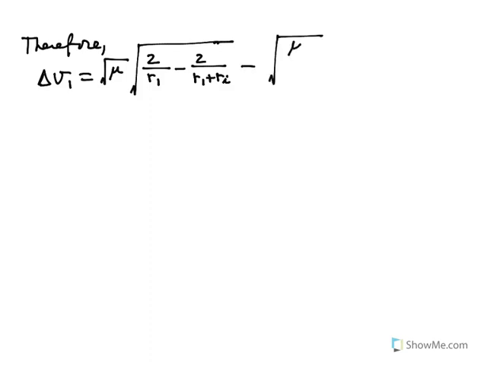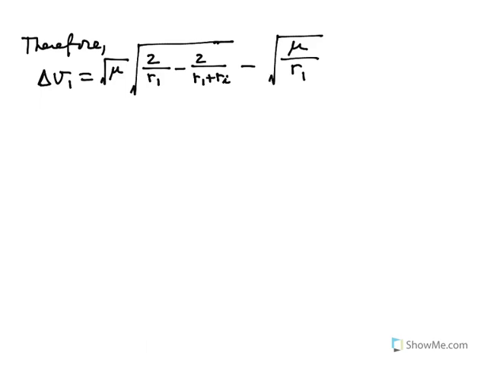So as a result, delta V1 is equal to V1 plus minus V1 minus, so it's the square root of mu times the square root of 2 over R1 minus 2 over R1 plus R sub I, and then minus the square root of mu divided by R1.